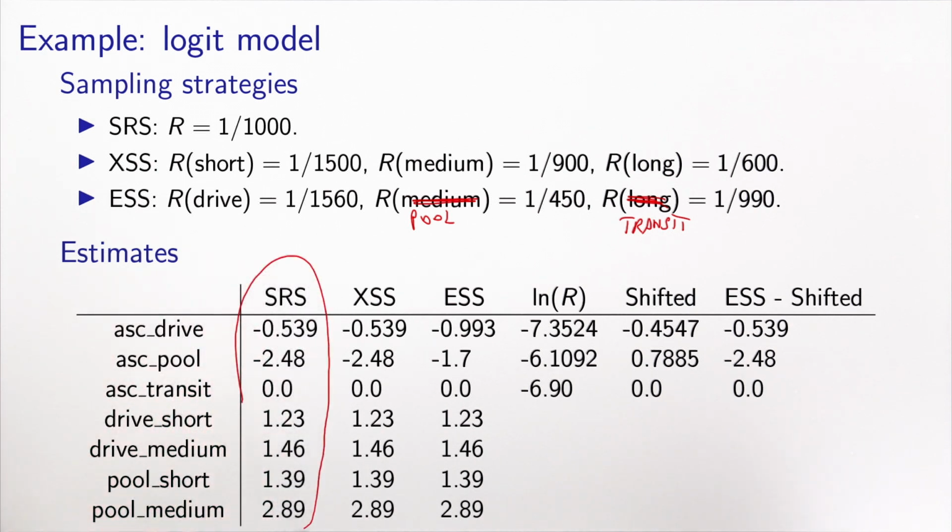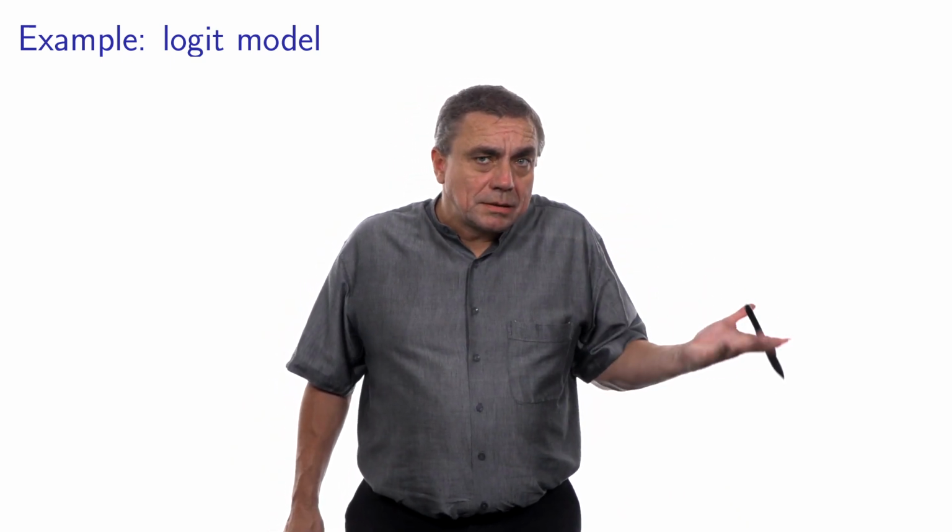These are the results for the simple random sampling. We know that the simple random sampling strategy provides a sample which has the same statistical properties as the population. So we will use this as a reference.